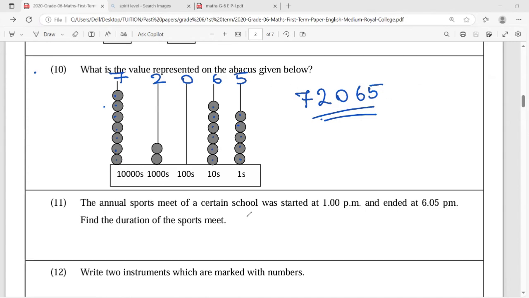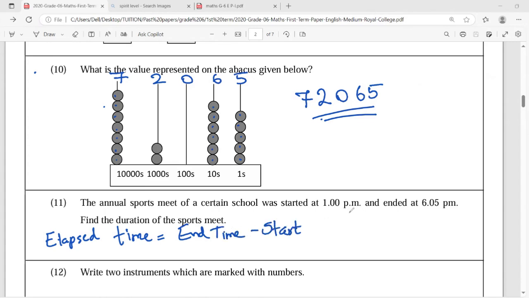The annual sports meet of a certain school was started at 1 p.m. and ended at 6:05 p.m. Find the duration of the sports meet. So I have taught you the elapsed time. Elapsed time equals end time minus start time.